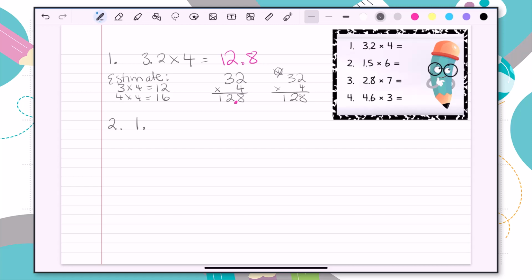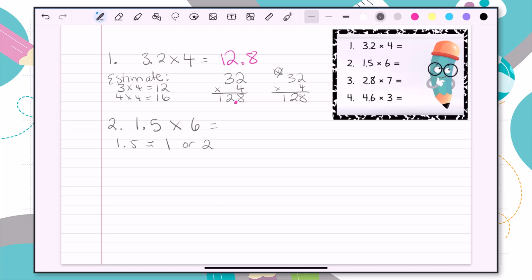So we're multiplying 1 5/10, or 1.5, times 6. If I estimate, I'm going to multiply 1 times 6 because 1.5 is between 1 and 2 when we're looking at whole numbers.